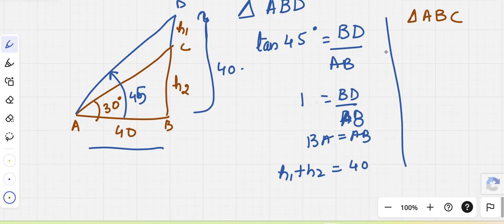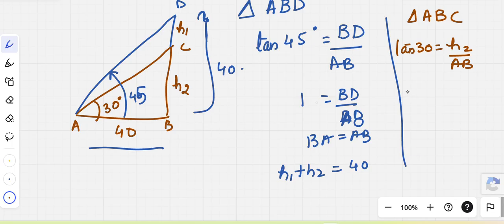Tan 30 equal to BC by AB, that is H2 by AB.